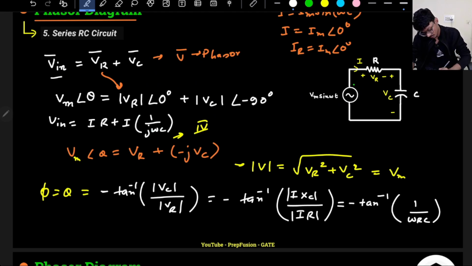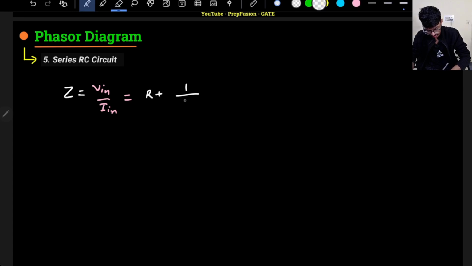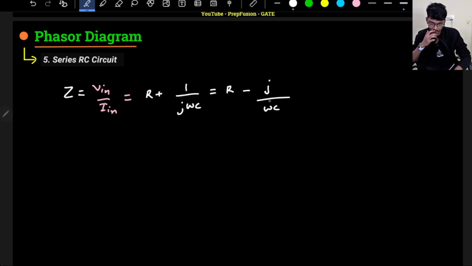So V in by I in will simply equal R plus 1 by j omega c. So this will equal R minus j divided by omega c, okay?